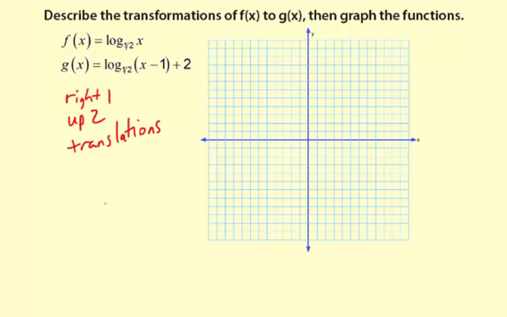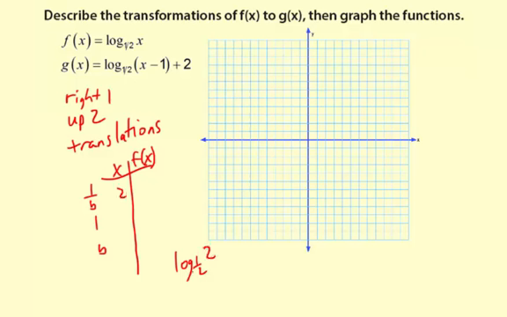Okay, I'm going to plot f of x. So I'll make a table. And remember, for inputs, we're going to use 1 over b, and then 1, and then b. Now for log base 1/2, if we input, let's see, well, what's 1 over b? The base is 1/2, so we're going to have 2 here.